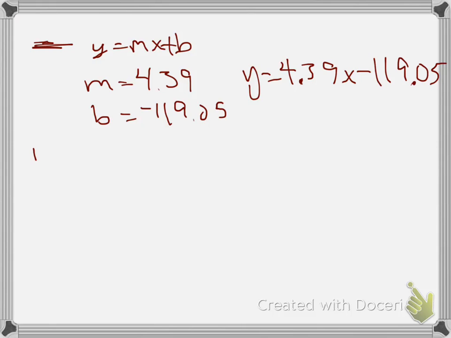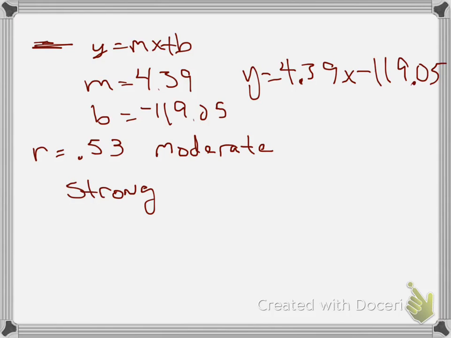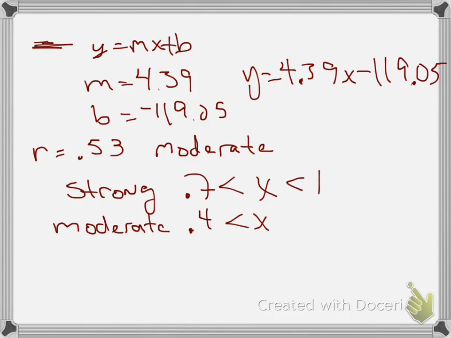Okay, your r is your correlation coefficient. That's 0.53. We know that's moderate, but that's because, again, strong is between 0.7 and 1. Moderate is between 0.4 and 0.69.